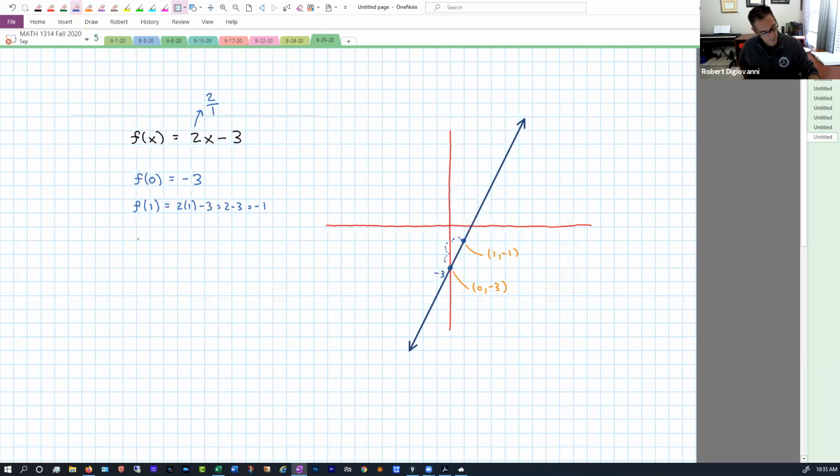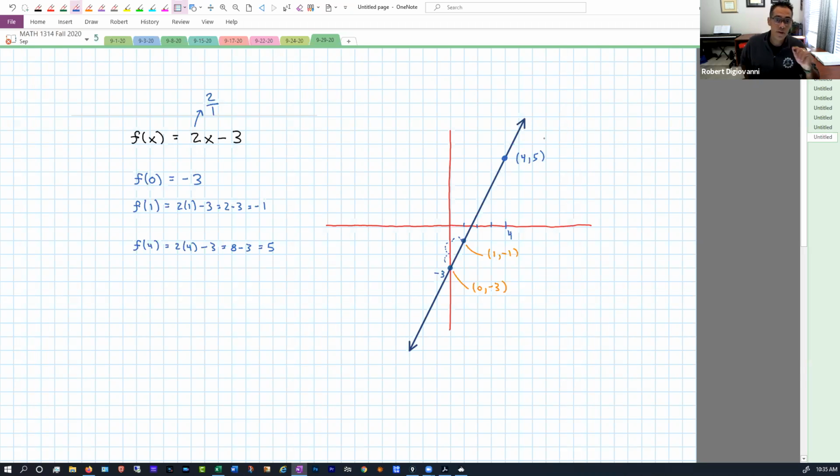What is f of 4? So f of 4 would be 2 times 4, take away 3, that's 8, take away 3, that's 5. So that's the point 1, 2, 3, 4. Here's 4, and we go up 1, 2, 3, 4, 5. That's that point right there. It's the point 4, 5.